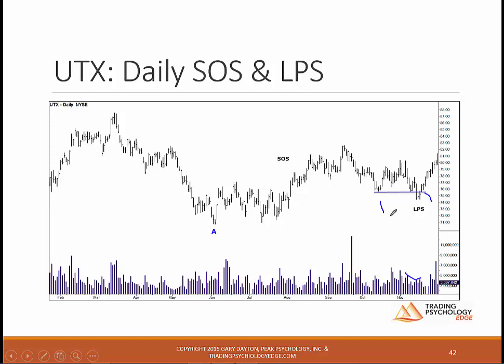And you can see the volume over here and the volume over here, much lower down here. And that's one of the things we look for. It's not absolutely necessary, but it's something that we do want to look for.